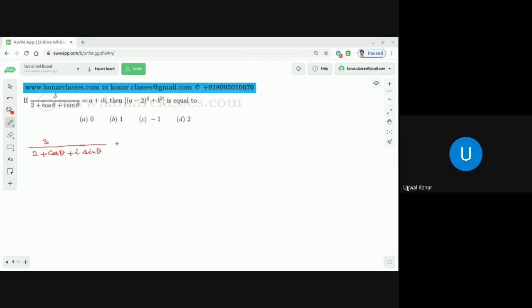Then what we know is that we need to multiply both numerator and denominator by its conjugate. So that becomes 3 into 2 plus cos theta minus I sin theta, and here the denominator is 2 plus cos theta plus I sin theta into 2 plus cos theta minus I sin theta.